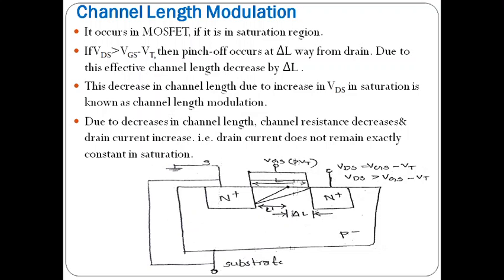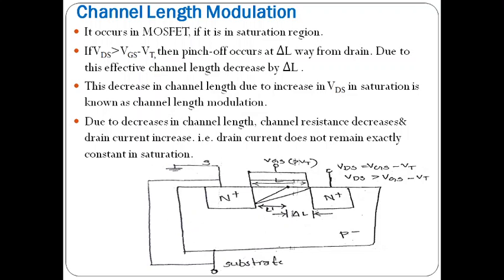Modulation is nothing but one parameter varying with respect to some other parameter. Previously we discussed base width modulation, which is nothing but the effective base width varying with respect to the collector-to-base voltage.